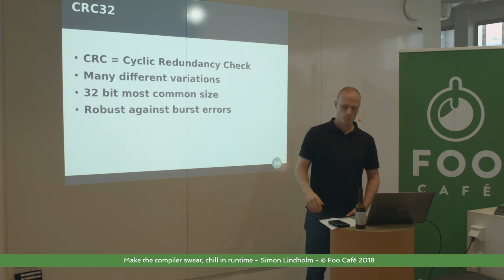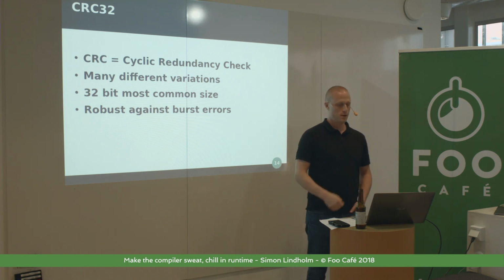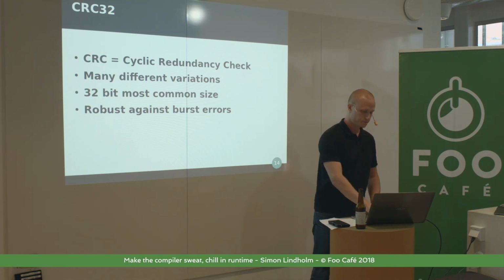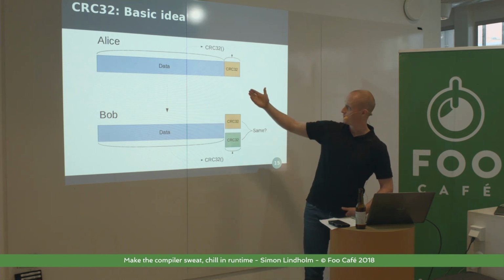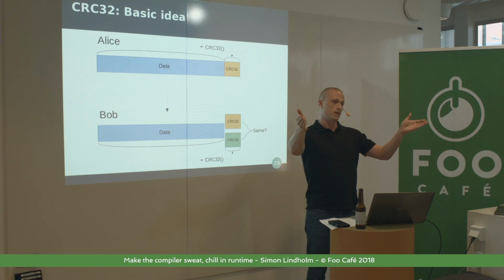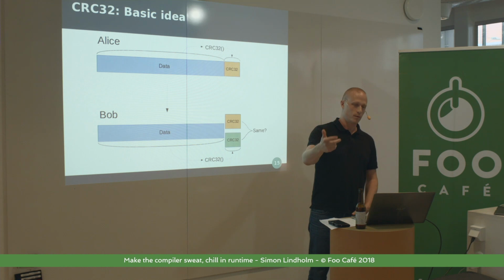So it works quite well against that. It's used for Ethernet, for the zip file format, for gzip, and for all these kinds of things. So that's the basic idea: you have some chunk of data, you calculate a checksum over it, and then on the receiving end you check whether the checksum checks out.